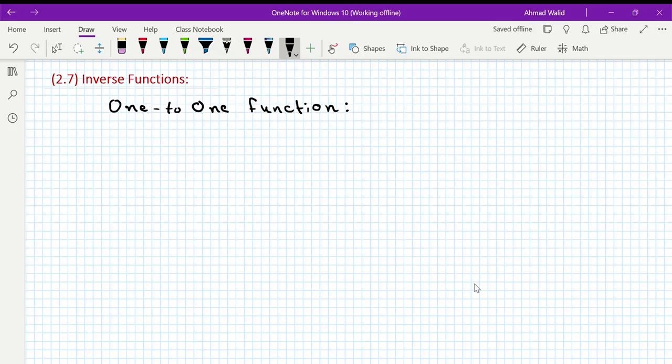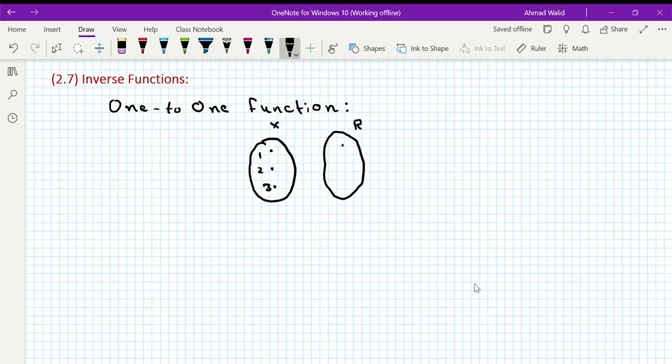One-to-one functions are the functions that for every element in the domain, X, for example, every element, at the same time that I'm talking, I'm also drawing for you, there is only and only one element in the range.